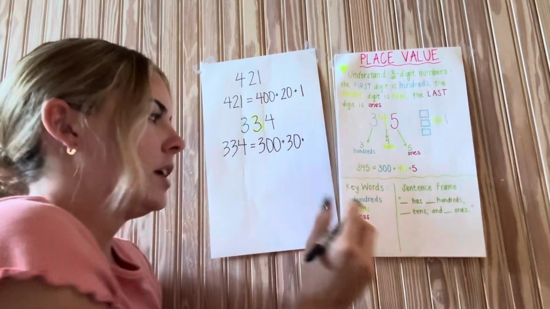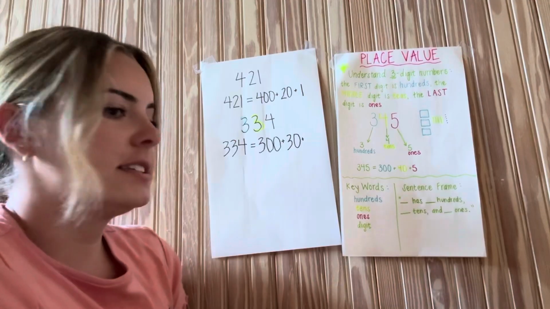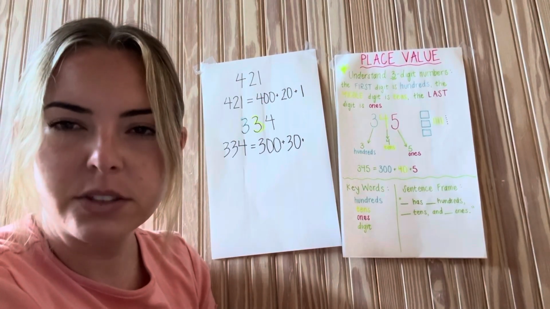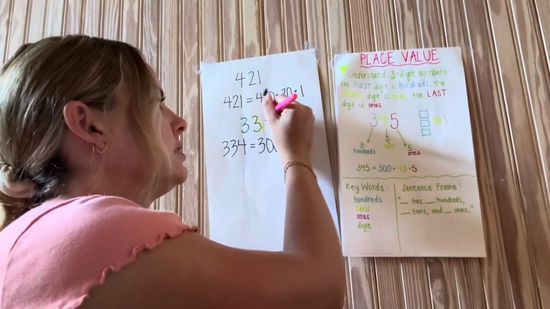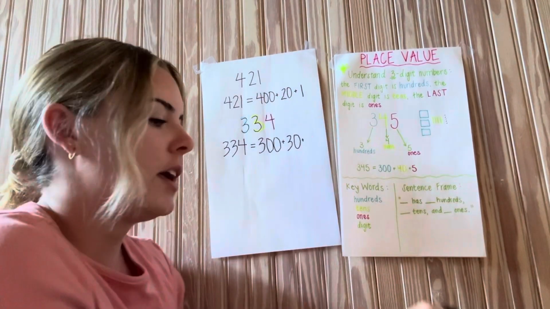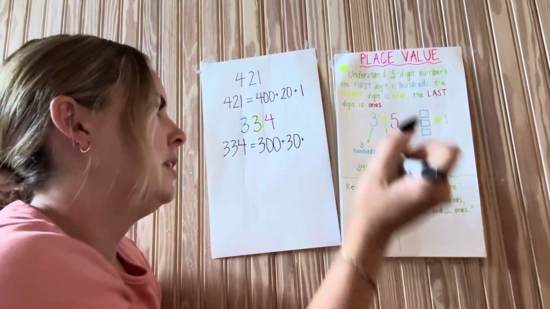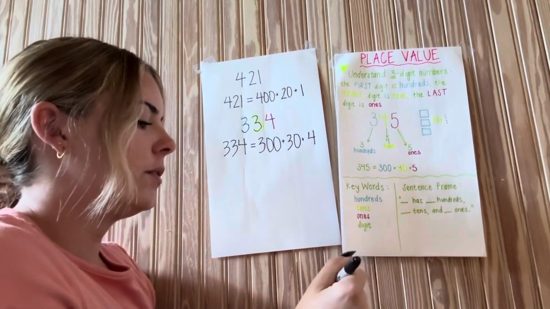Perfect. And then looking at our last number, what is our last number? That would be our ones, right? So what is our last number? 4. That's correct. So let's highlight 4. And then it's going to be 300 plus 30 plus 4, right?